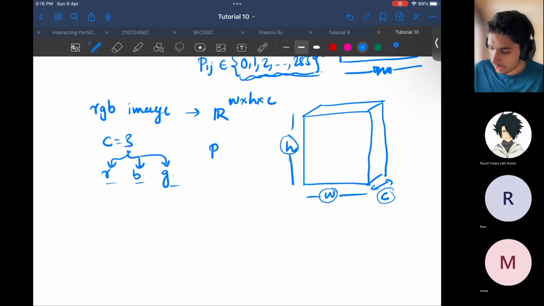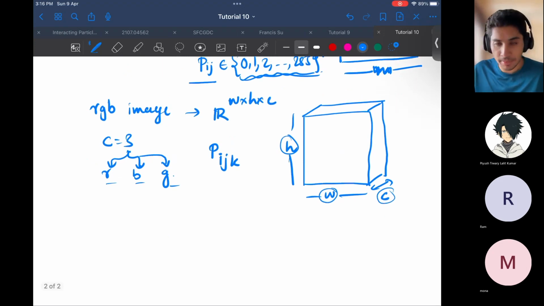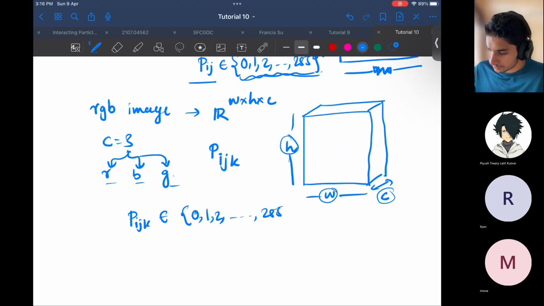So if P is a pixel, I will require i, j, and some kth coordinate as well. So we require three coordinates. Now again, as was the case with black and white images, RGB images also follow the same rule. The values have to belong to this set 0, 1, 2 till 255.